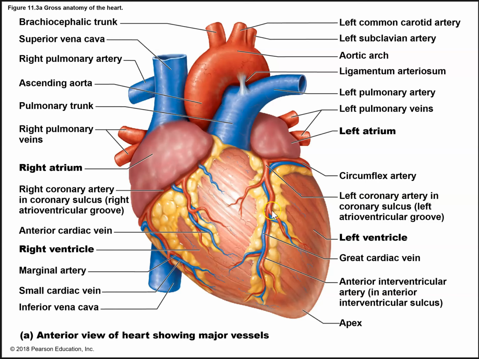The left coronary artery further divides into what is named the anterior interventricular artery. So the anterior interventricular artery is the artery in between the ventricles, and that's why we call it the anterior interventricular artery.